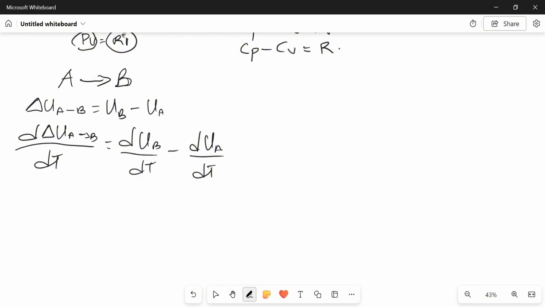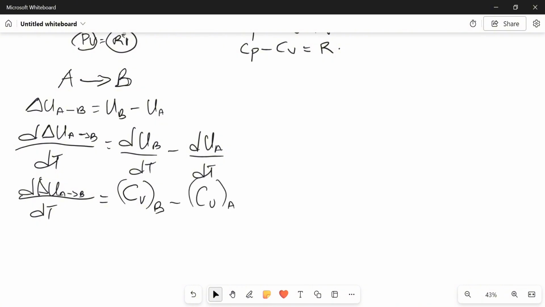Now this is going to give me the change in U from A to B over dT to be equal to my Cv for B minus my Cv for A. And how do I know that?